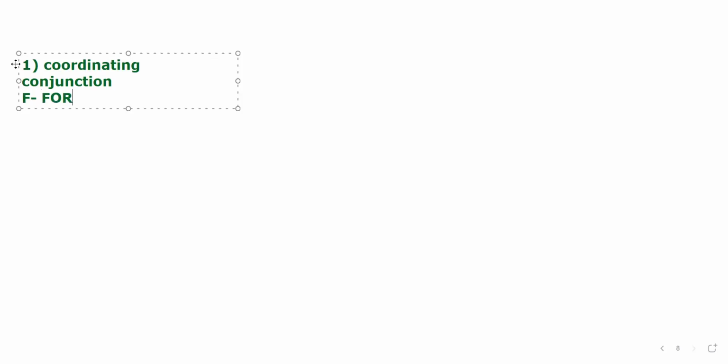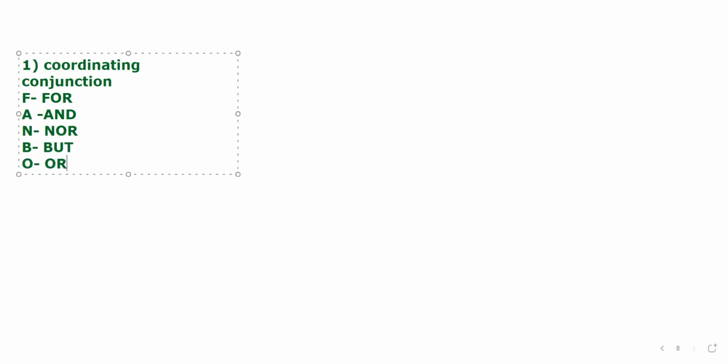F for for, A for and, N for nor, B for but, O for or, Y for yet, and S for so. Is that clear?